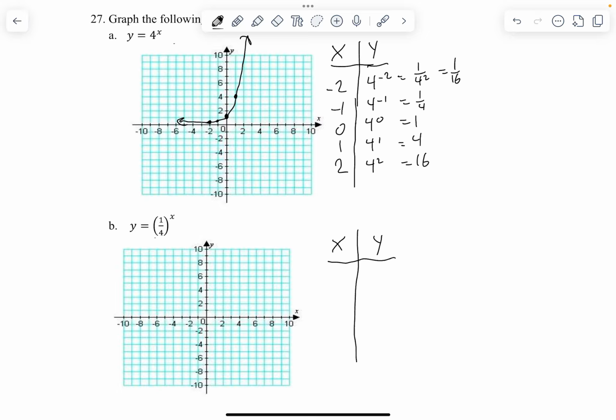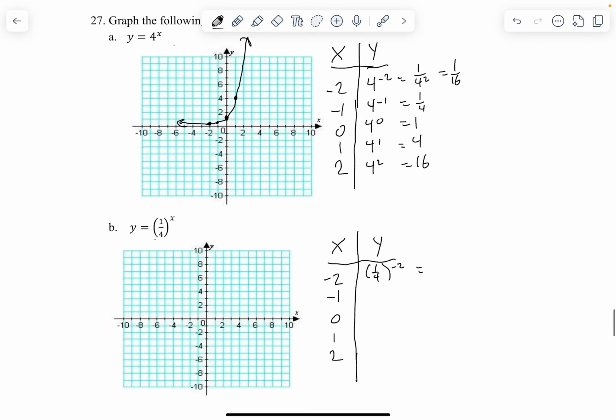I could choose maybe the same x values. So -2, -1, 0, 1, and 2. This first one gives me 1/4 raised to the power of -2. And what I could do is flip the fraction upside down and change the exponent to a positive.